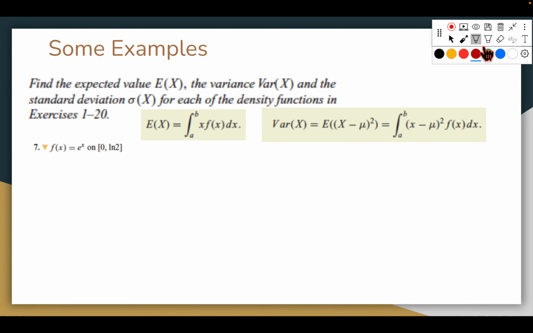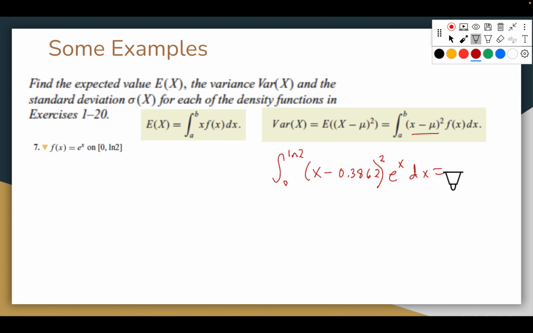And again, this is all recorded, so you can always go backwards. So for the variance, we're going to go from 0 to natural log of 2. But this time, we're not just doing x times e to the x, we're doing x minus that mean, 0.3862, squared. Then we put the function back in, which was just e to the x. When we get this, that's going to give us our variance.